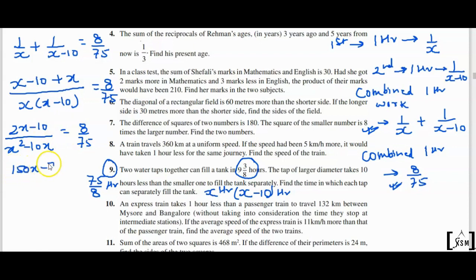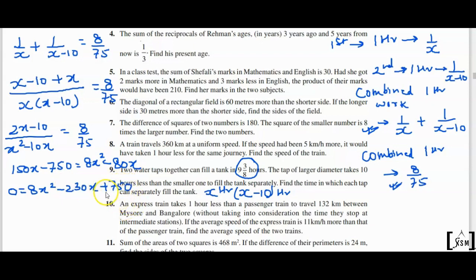150x minus 750 equal to 8x square minus 80x. Correct? Now bringing all of them together, we get 0 equal to 8x square minus 80x minus 150x, which is minus 230x, plus 750.